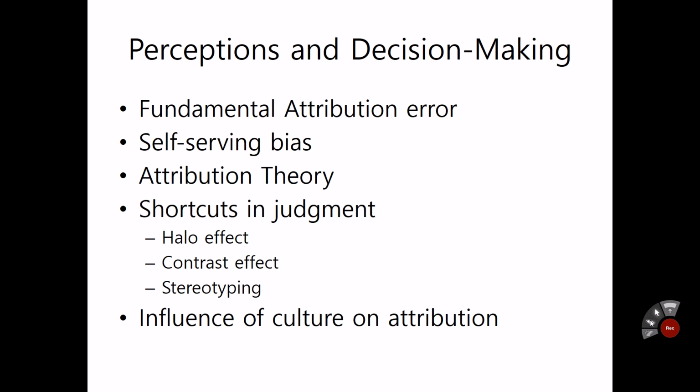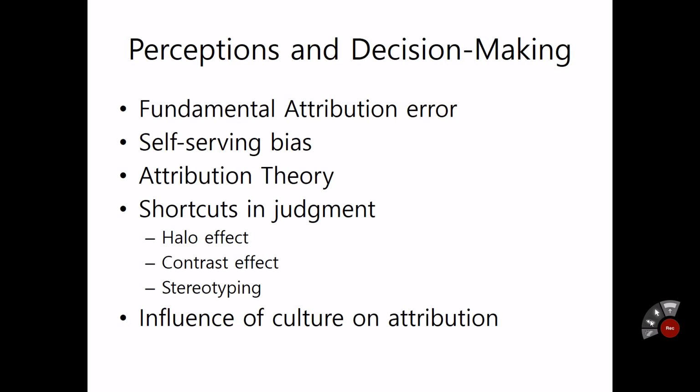First thing is the halo effect. We judge people based on just one characteristic of that person. That's the halo effect. And we judge people based on the characteristics of the group that this person belongs to. That's stereotyping, right?